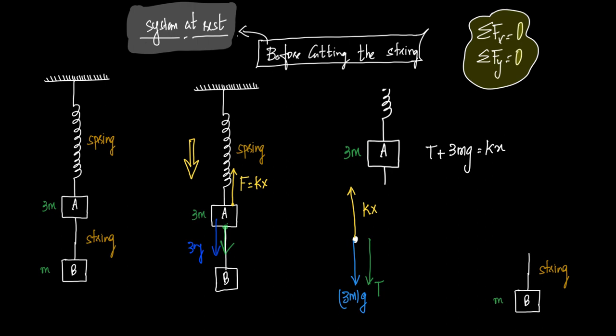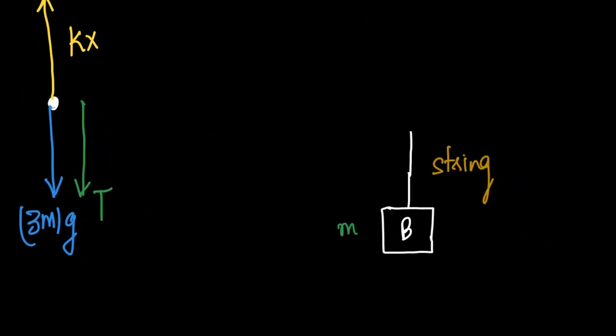Now let us see what happens with the string alone. In the original picture, the body A is present here, which means body B will experience a tension away from the point of contact, and it will also have a weight acting downwards.